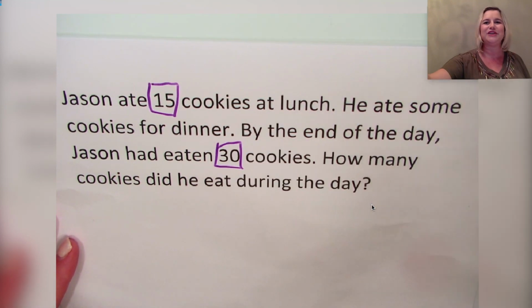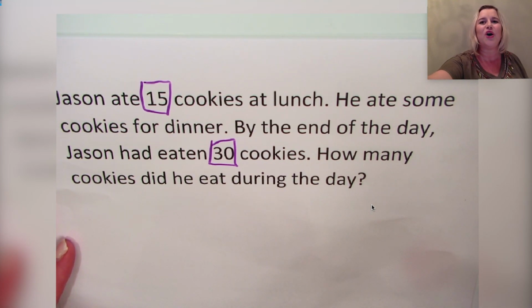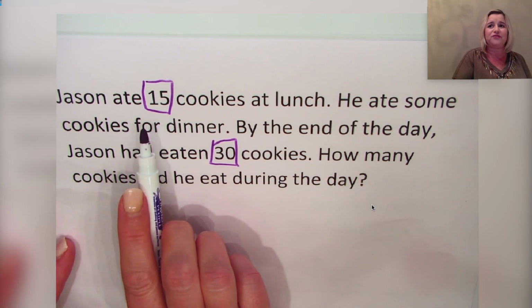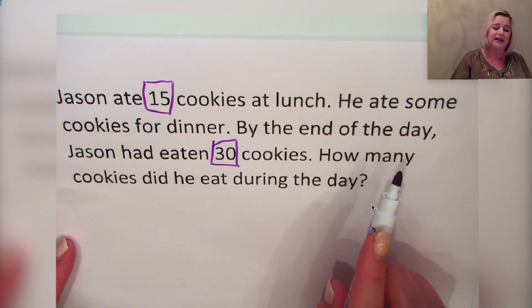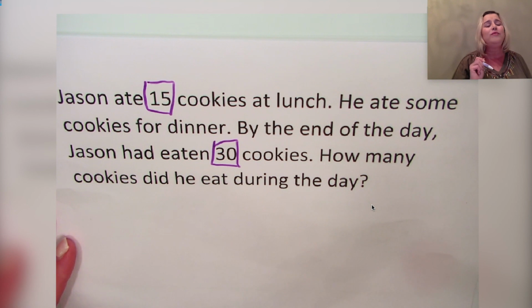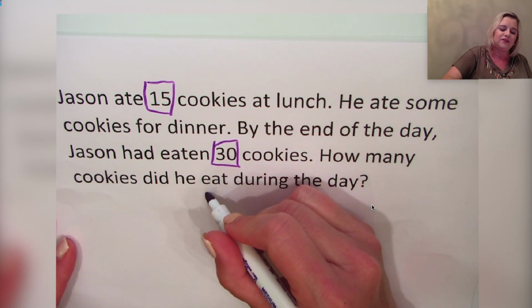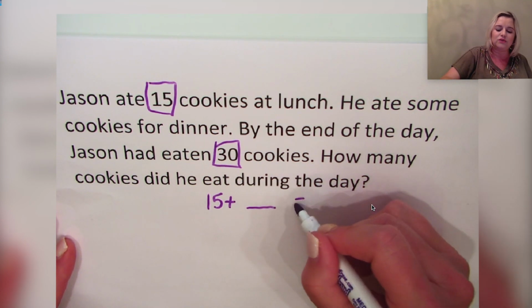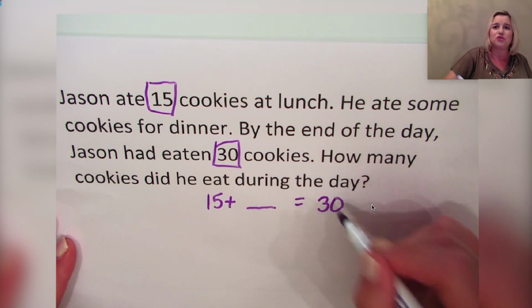Good job, boys and girls. The text tells us that Jason started with 15 cookies and ended up eating 30 cookies. I'm going to write the equation 15 plus blank equals 30 to match our story.